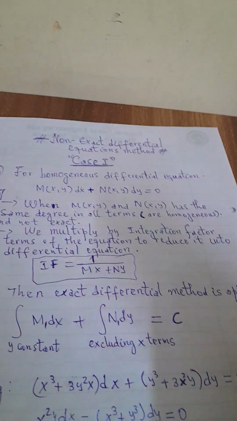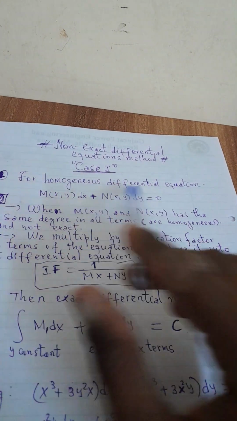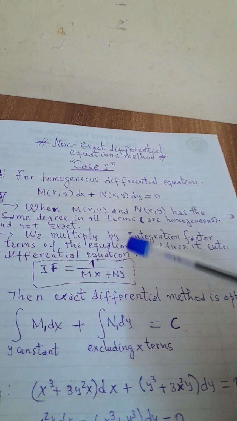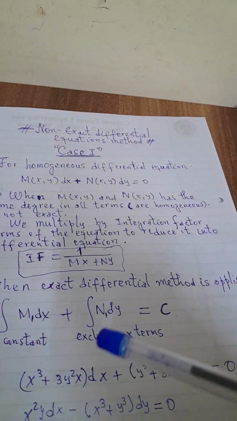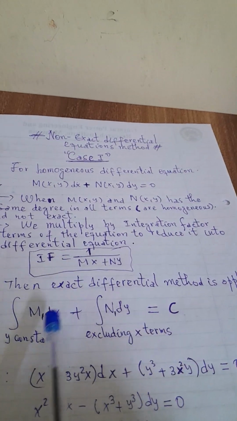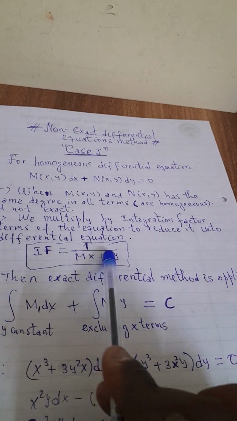After multiplying both terms of this equation by the integrating factor, you will reduce this equation to an exact differential equation. After this you get M1 and N1, after multiplying by the integrating factor.